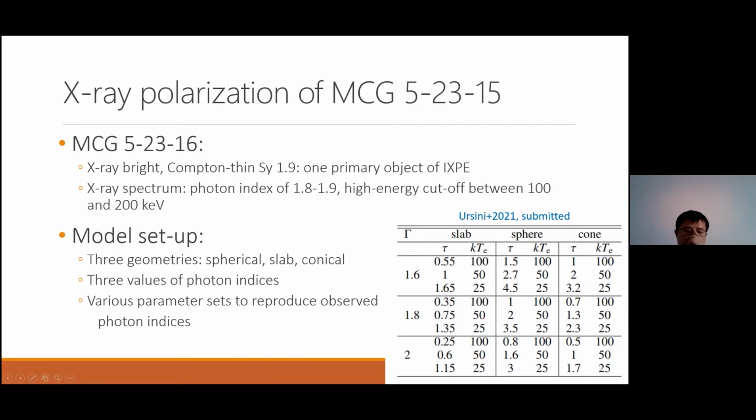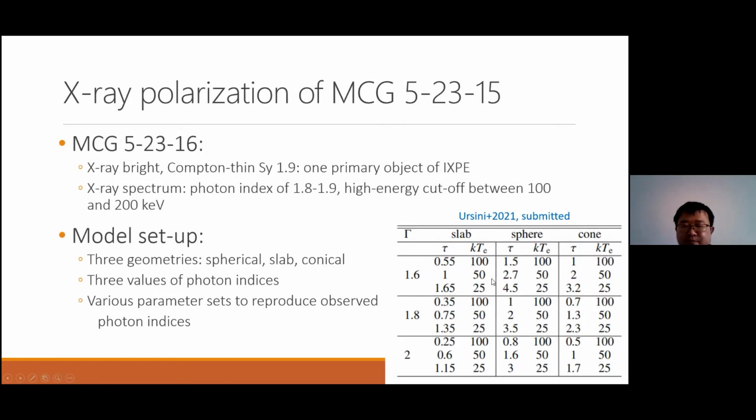Similarly, we assume three geometries: the spherical one, the slab one, and also the conical one. And we tried three different values of photon index: 1.6, 1.8, and 2, just to take into account the uncertainties of the photon index.